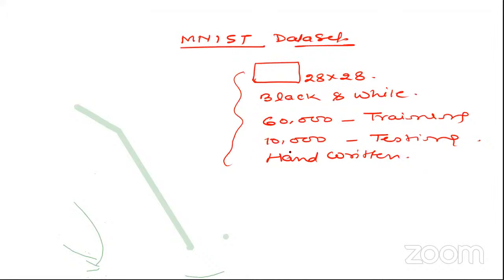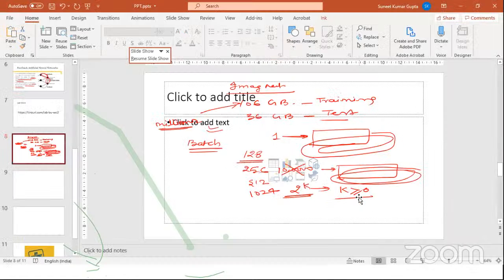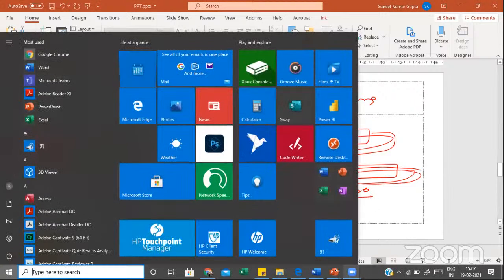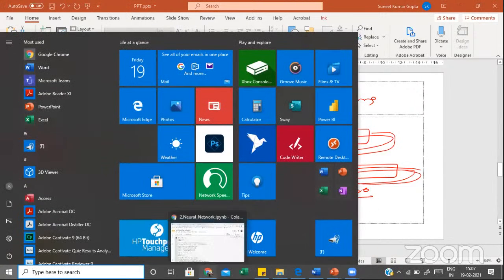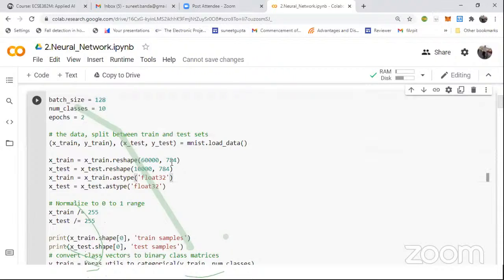How many digits are there? Digits are 0 to 9, and if you count 0 to 9, it is 10. So that's why the number of classes equals 10, as mentioned here.